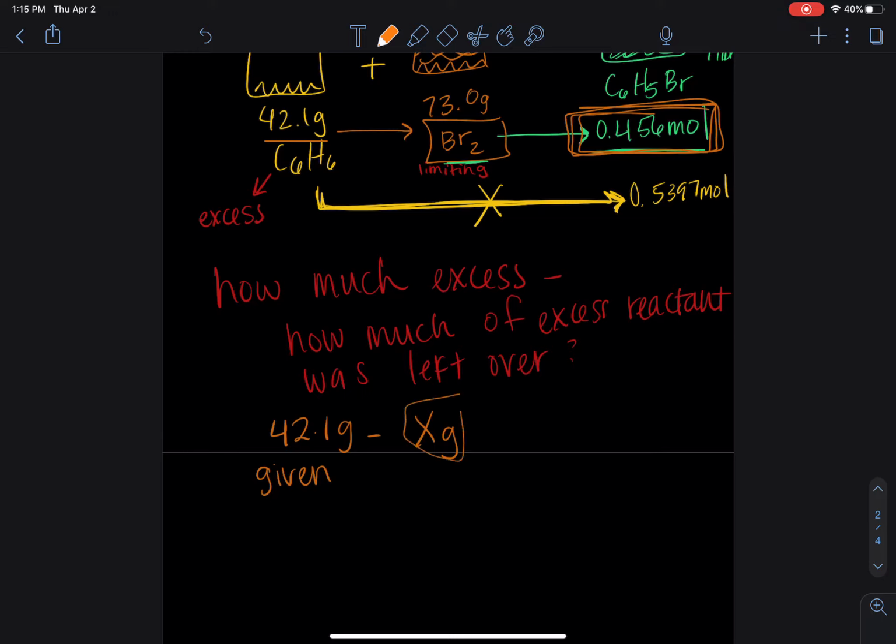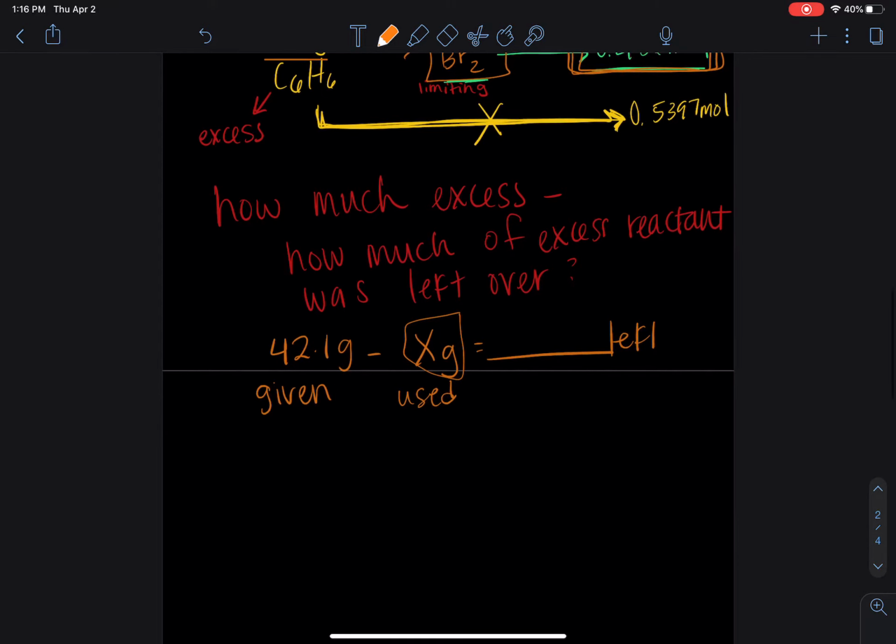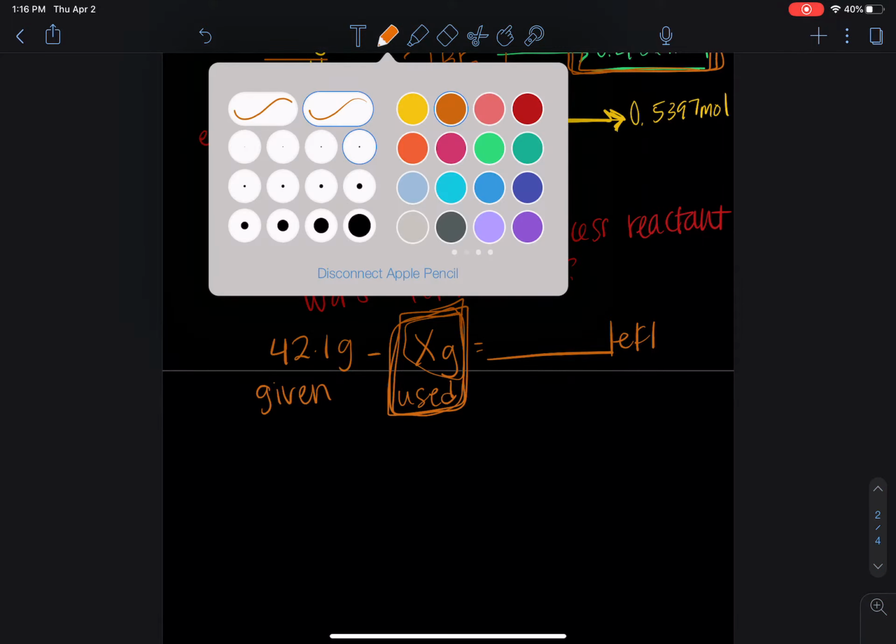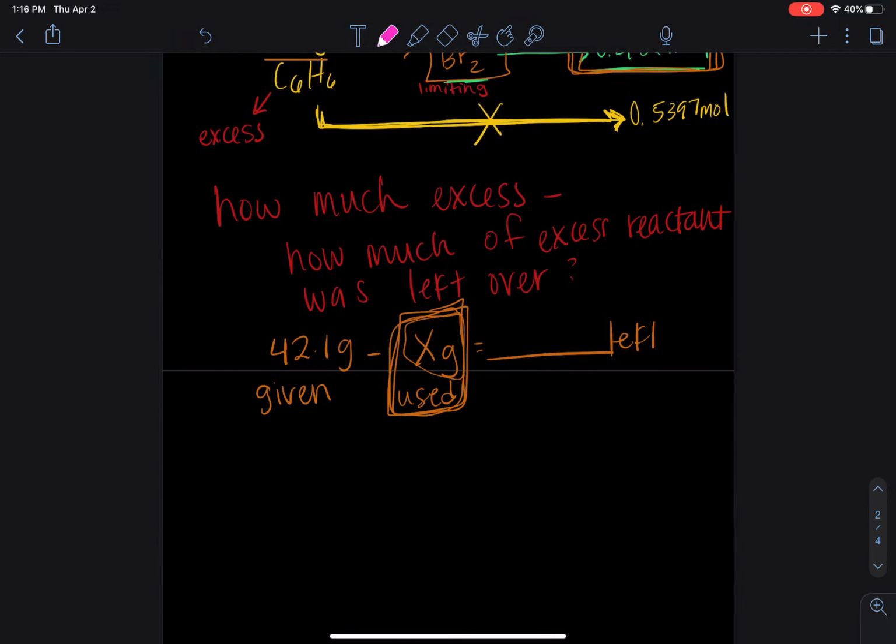So this right here is how much we used, how much actually reacted, okay? And we can solve for how much was left by subtracting those two. So let's talk about how to find this right here. How much of our reactant actually got used?